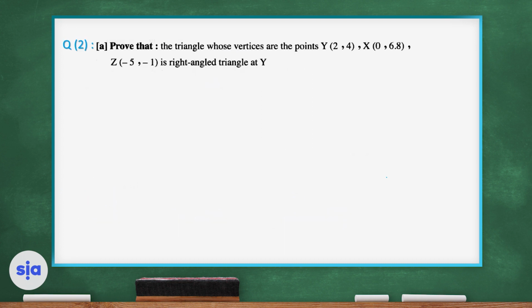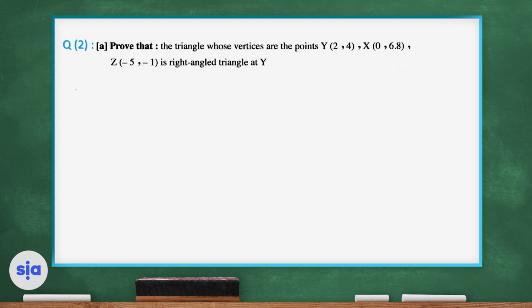Question 2, part A. The question wants us to prove that the triangle whose vertices are the points Y, X, and Z, and their coordinates are given, is a right triangle at Y. In order to show that the triangle is a right triangle, you need to find the length of each of the 3 sides, and then compare the longest side squared with the sum of the other 2 sides squared.